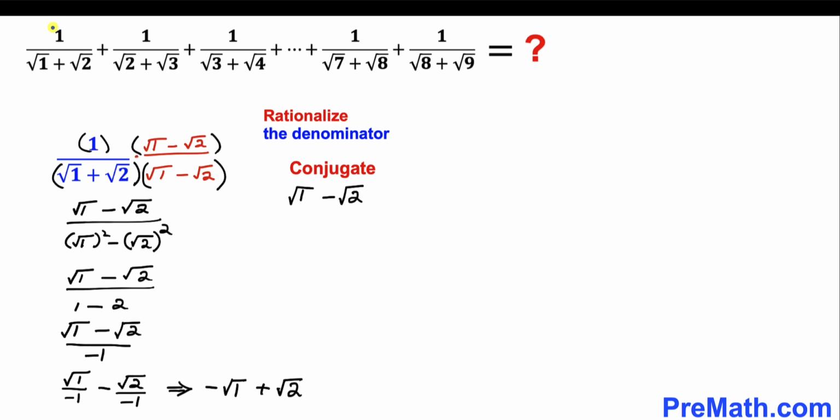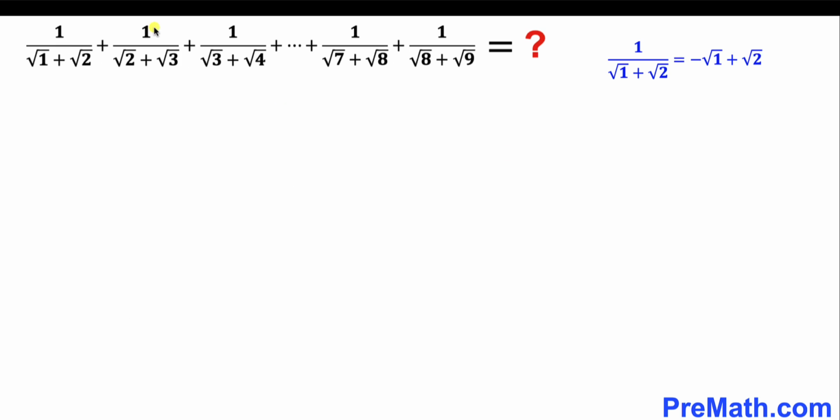Now we can see this very first expression has been simplified to negative times square root of 1 plus square root of 2. And here I have copied it down. And now let's focus on this next expression.